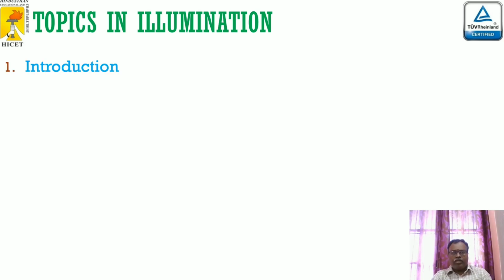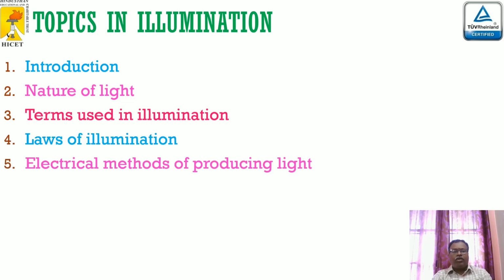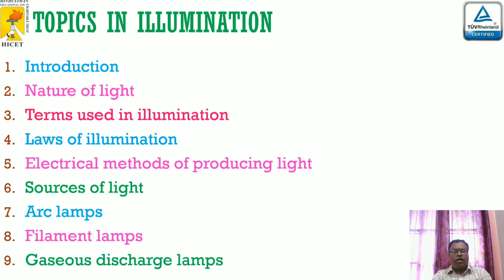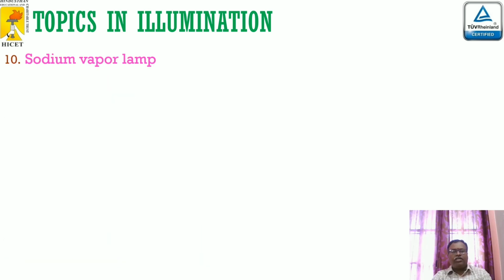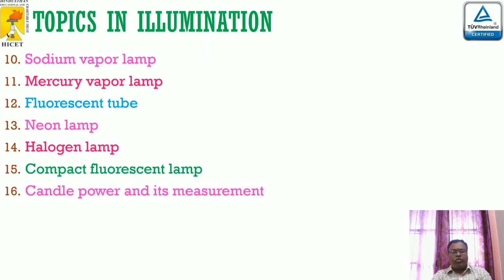So what we are going to see in this video is the introduction to lighting and illumination and the nature of light, the terminologies used in illumination, the laws of illumination, the electrical methods of producing light, the sources of light, how the light is ignited, and also the types of lamps: arc lamps, filament lamps, gaseous discharge lamp, sodium vapor lamp, mercury vapor lamp, fluorescent lamp, neon lamp, halogen lamp, and compact fluorescent lamp.